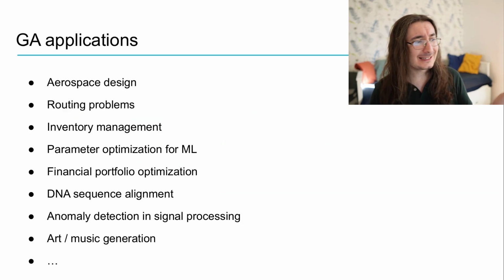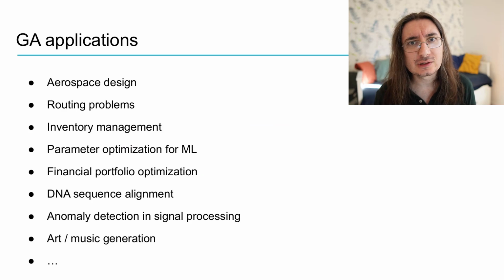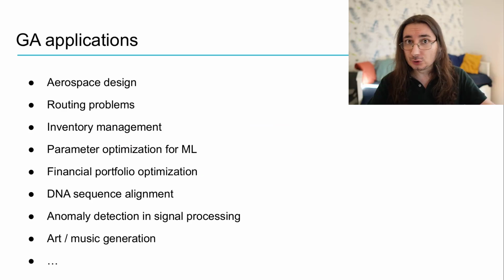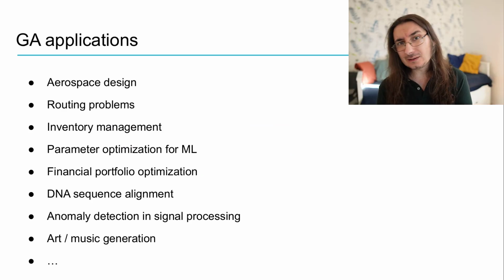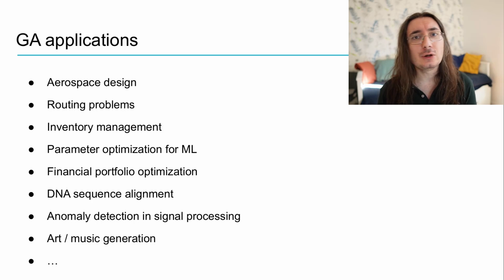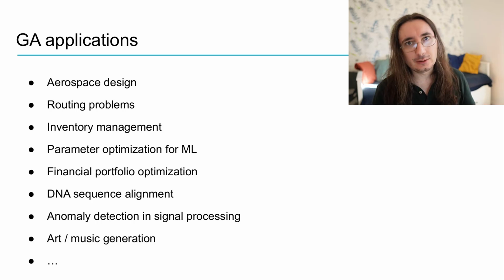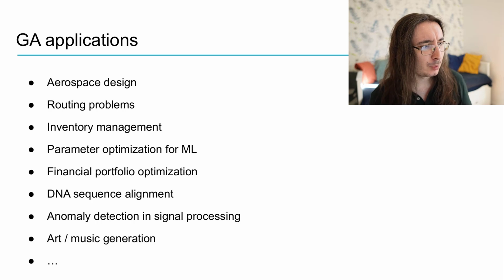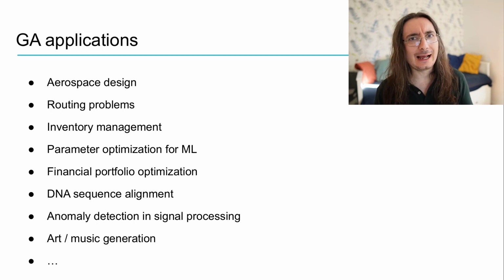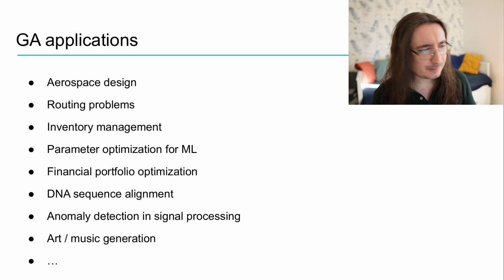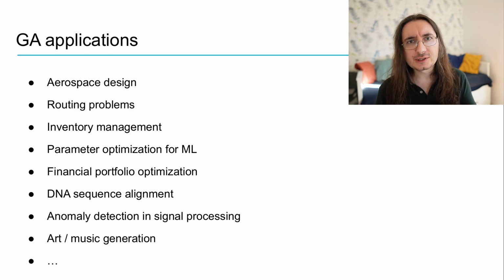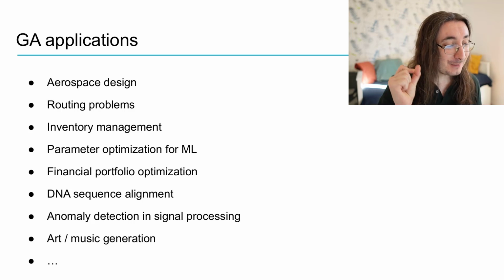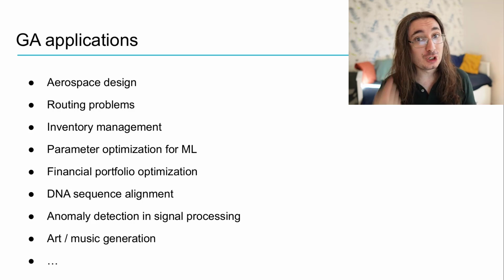Let's move on and take a look at the different applications we can use genetic algorithms for beyond music generation. And these algorithms have been used for a gazillion different use cases. Like for example, to design things that have to do with the aerospace industry, for routing, networking problems, solving inventory management, or even for optimization of parameters for machine learning.